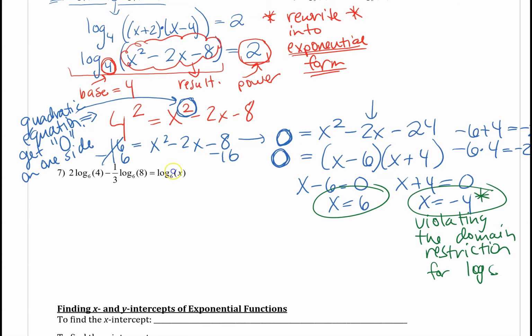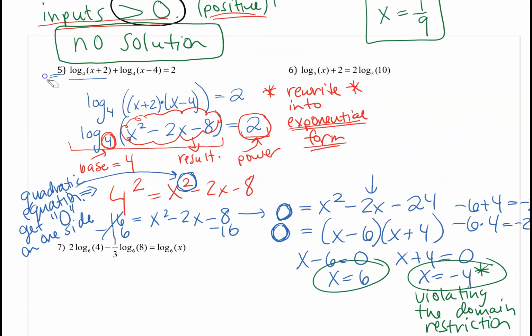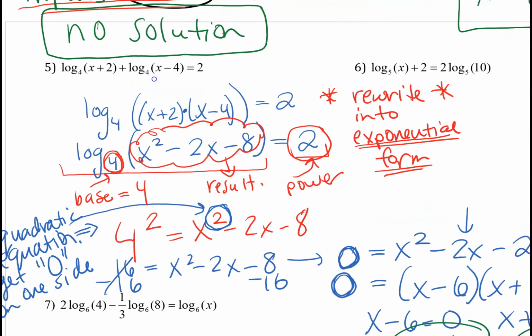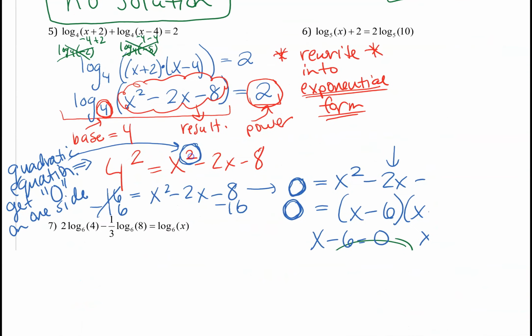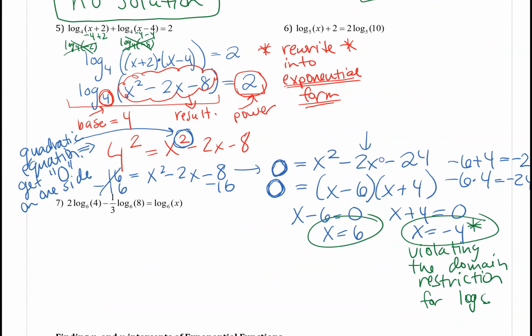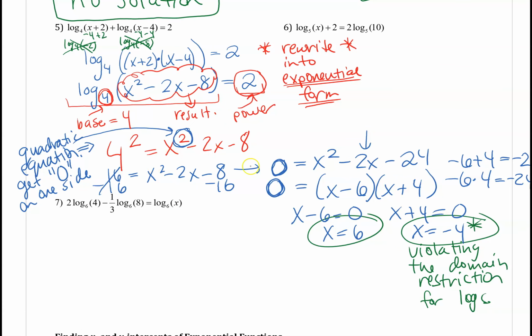Okay, so let's look back at the very original equation. That was way back here. Let's zoom in on this a little bit. If x is allowed to be -4, then inside this log I would have a -2. That does not exist. And inside this log I would have a -8. That also does not exist. So I cannot let -4 be a solution to this particular equation because, see here, I got -4 because I was solving a quadratic, right?